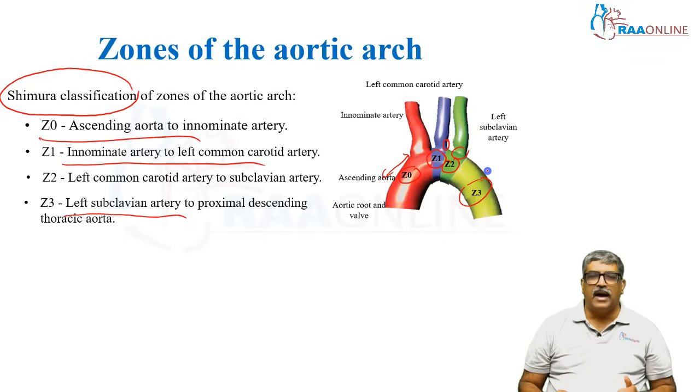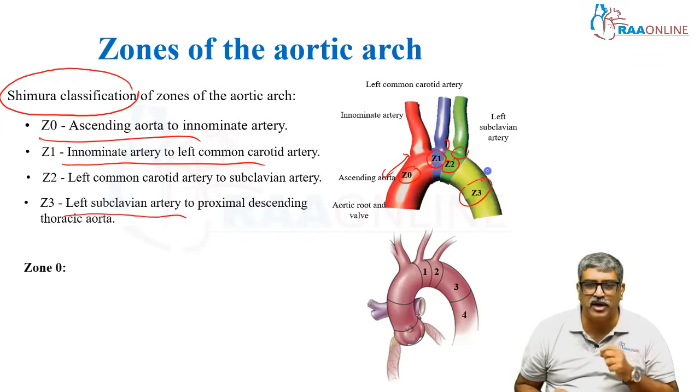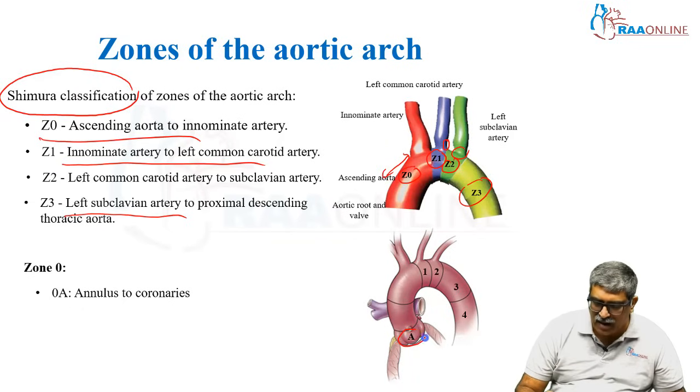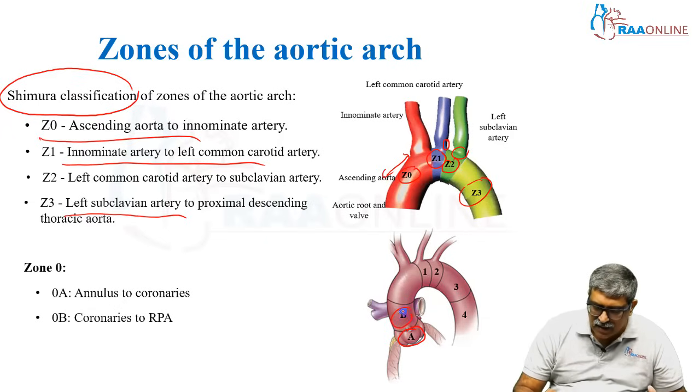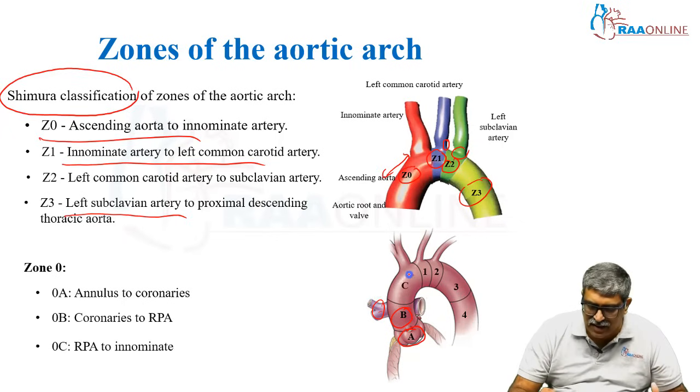And this zone 0 is further subdivided into A, B, C. Zone A is between the annulus and the coronary arteries. Zone B is from the coronaries to the right pulmonary artery, and zone C is between the RPA and the innominate artery.